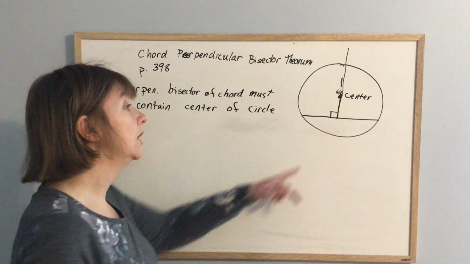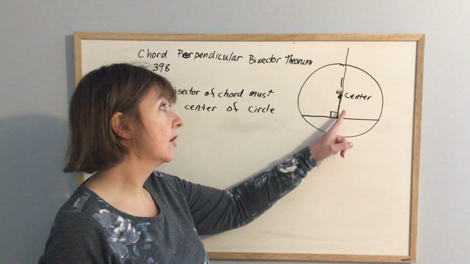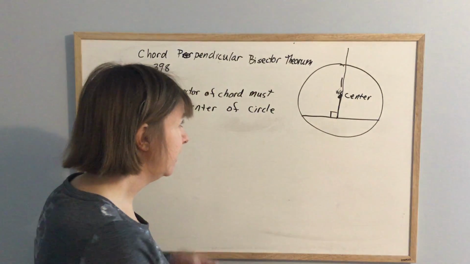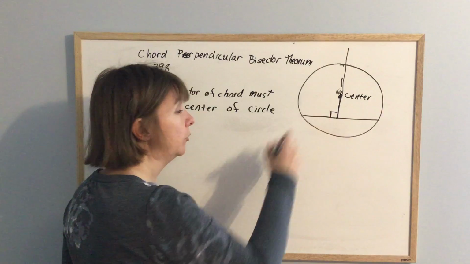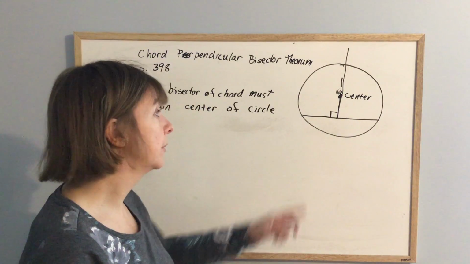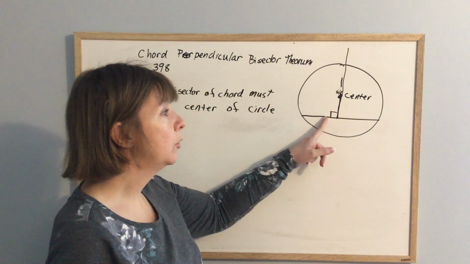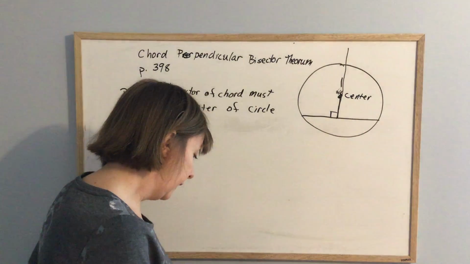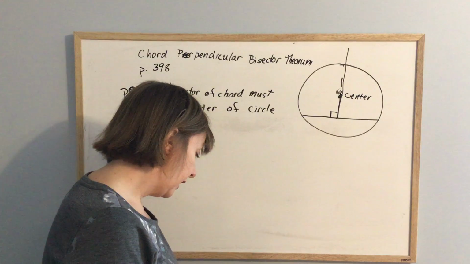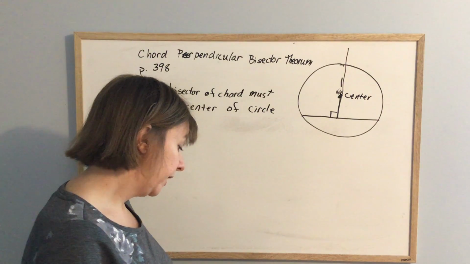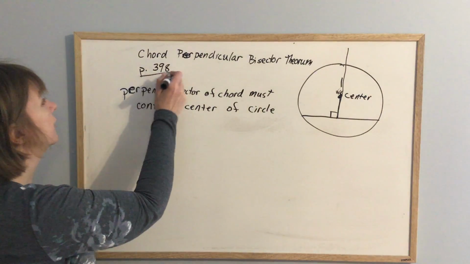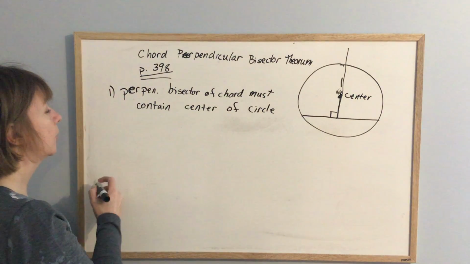So if this really is a perpendicular bisector, the center will be on that line somewhere. If it was over here, it wouldn't be a perpendicular bisector. It might be perpendicular, but it wouldn't be a bisector because it wouldn't be cutting the line in half. The second thing that they say, I'm not going to write this all out, it's on page 398. This is number 1.